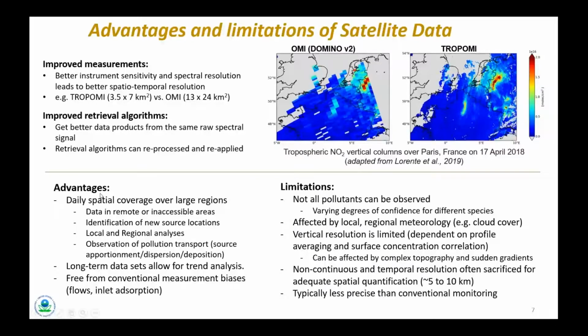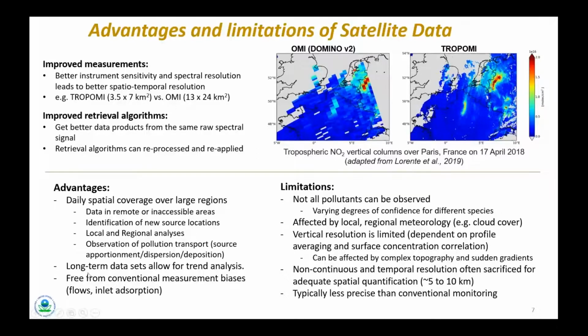So the advantages of satellite data: the spatial coverage is really the big thing. You get data in remote, inaccessible areas. You can find new sources. You can perform local and regional analysis with virtually the same data set. You can see pollution transport, which is helpful for source apportionment, dispersion, and deposition.